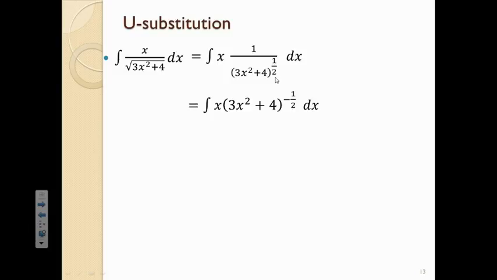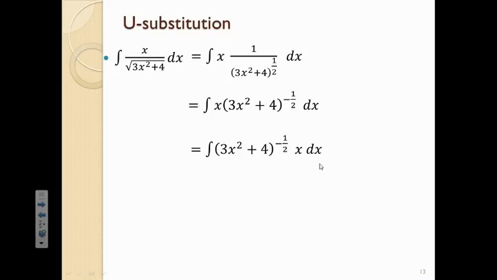Now, of course, we said that it's easiest to see if we put what's inside the parenthesis to the exponential power first and everything else last, so let's go ahead and do that. That just makes it a little bit clearer that what we're going to work with now is the integral of 3x squared plus 4 to the 1/2 power times x dx.